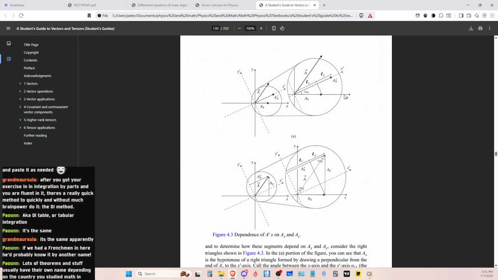We're back, guys. Sorry to keep you waiting. Lots of theorems usually have their own name depending on the country you study math in. When I was reading a Japanese math book, I'm also trying to learn Japanese through stuff I like to learn.